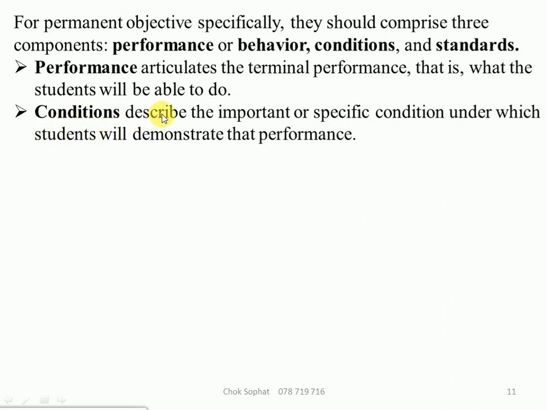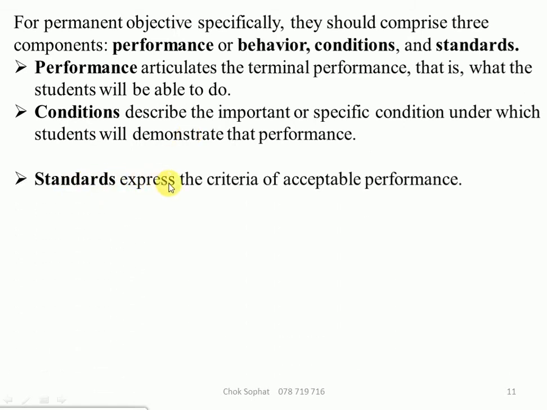Condition describes the important or specific conditions under which students will demonstrate that performance. So in what condition does the student perform the activity. And standard expresses the criteria of acceptable performance. So the performance must be in a standard way as well.